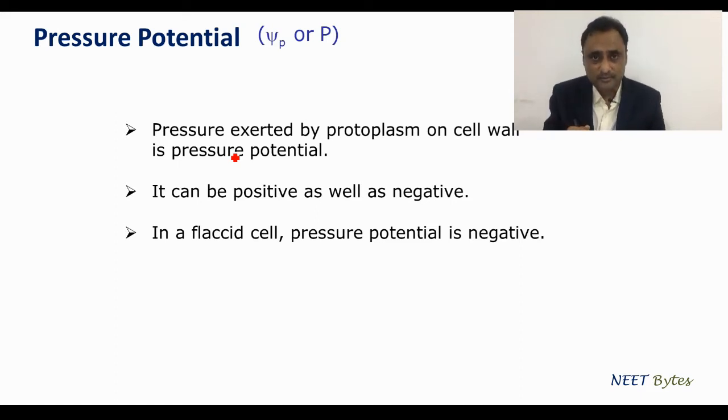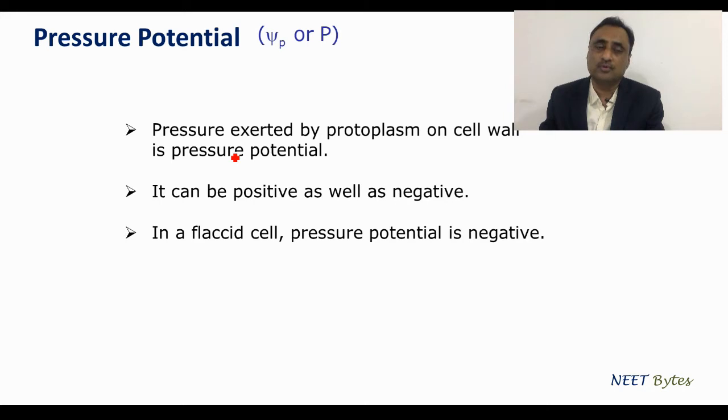You prick a xylem, is it possible to get water? No, you can't. Why? Because xylem is under tremendous suction pressure, and as a result of suction pressure the pressure potential in those cases is negative. So xylem is a perfect example where the pressure potential is negative.